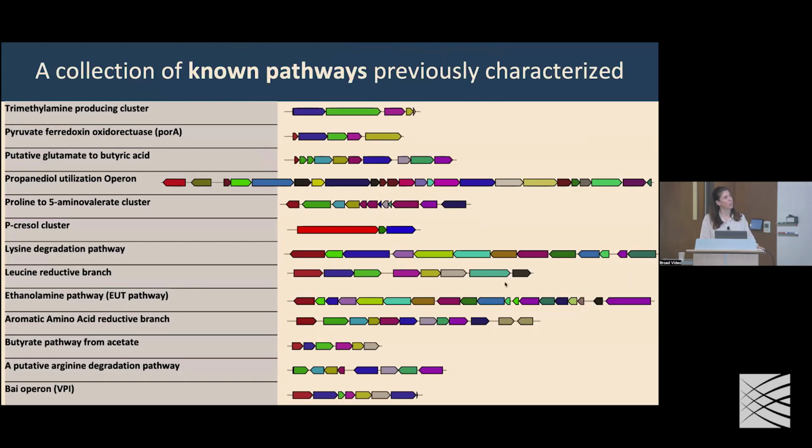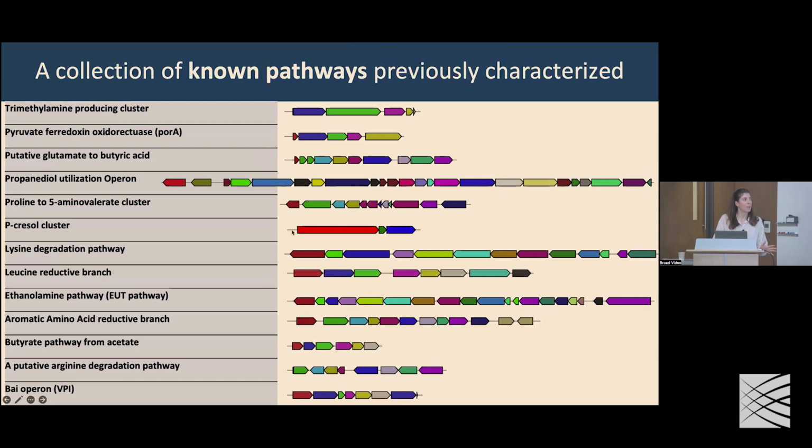So we started from a collection of known pathways that were previously characterized and published. So we had access to the catalytic reaction of each pathway. We knew which were the core enzymes. And we have a collection of these pathways; here you have a representation of these gene clusters.